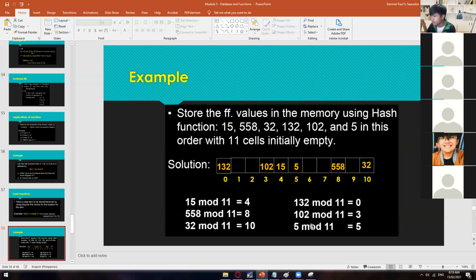Lastly, 5 mod 11 is 5, so put the 5 in the 5th cell.